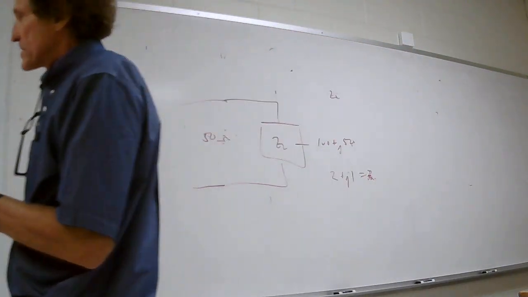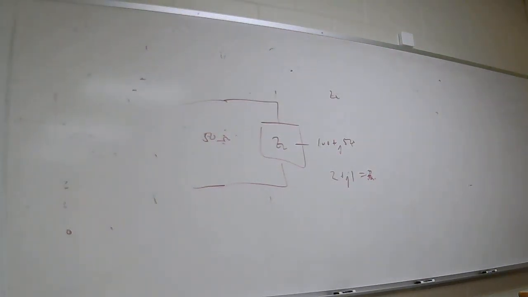Let me erase this. I'm going to show you how these impedances match. Just bear with me. Try not to cover too much in one swath, especially when you don't have Smith charts to ask questions and you haven't done any problems.